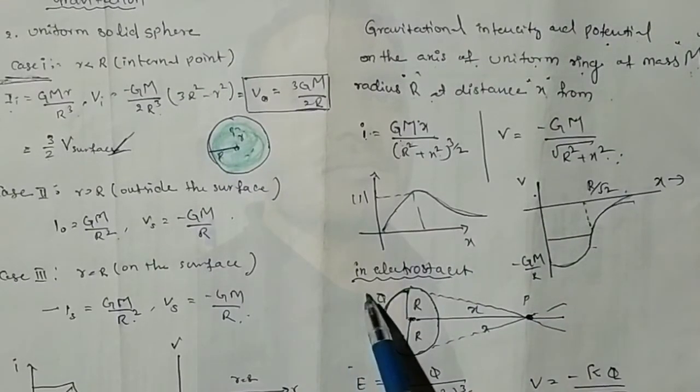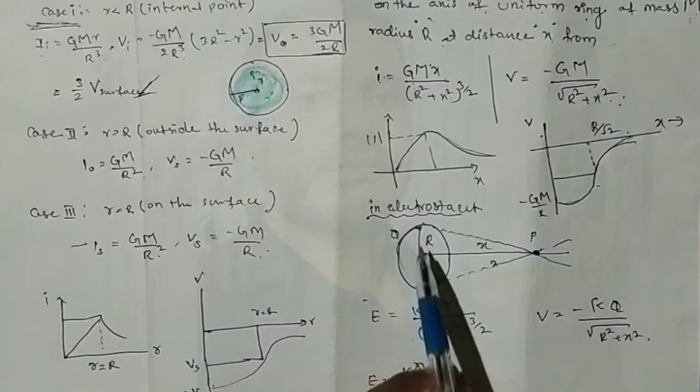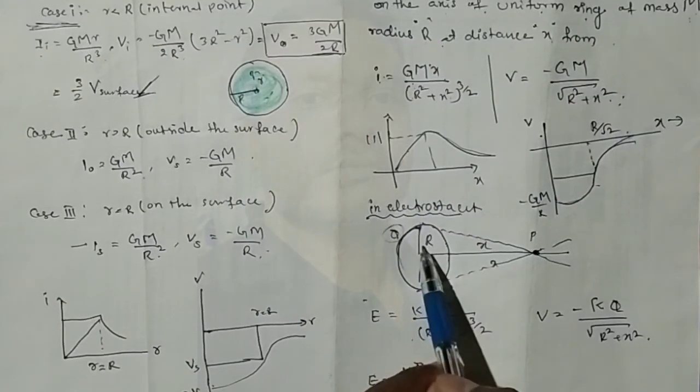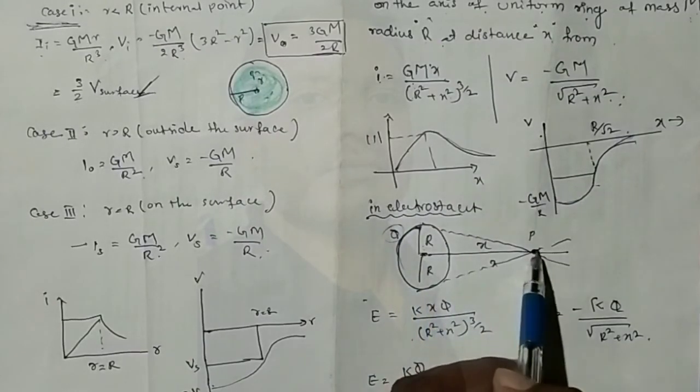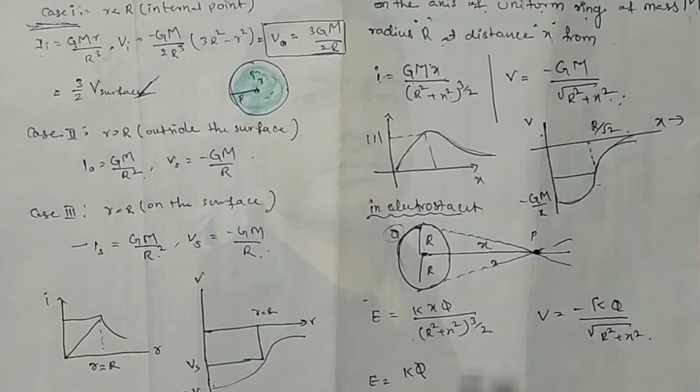In electrostatics, intensity and potential on the axis of a uniform ring of charge q, radius r, at a distance x. The electric field intensity is equal to kxq by (r square plus x square) to the power of 3 by 2, and potential V is equal to kq by under root r square plus x square.